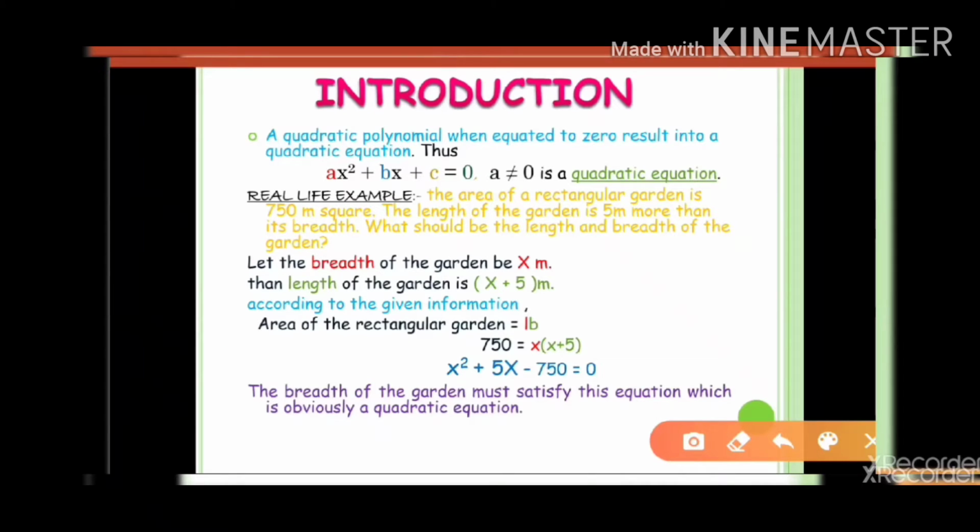A quadratic polynomial when equated to 0 results in a quadratic equation.